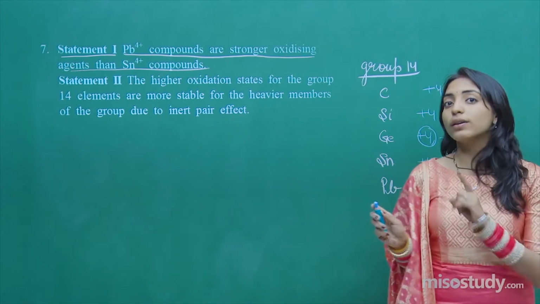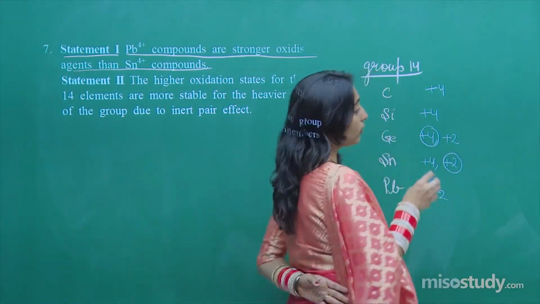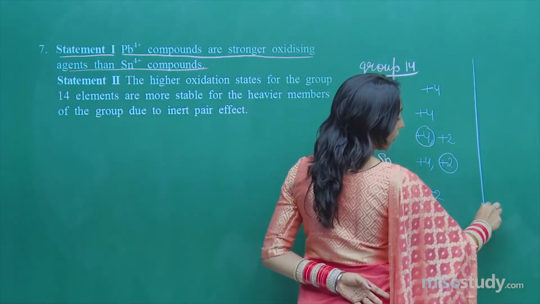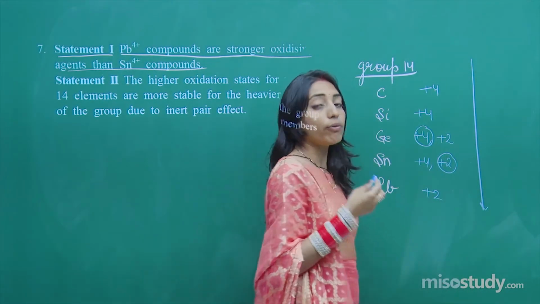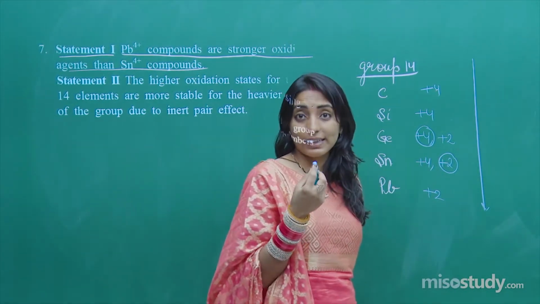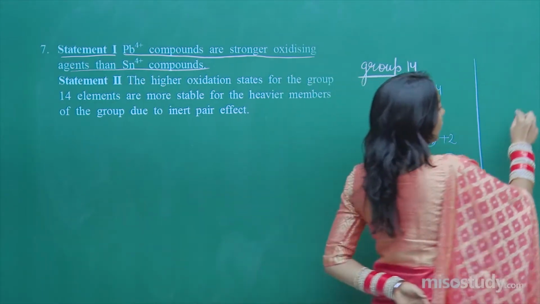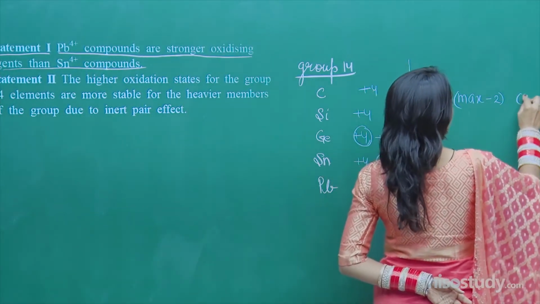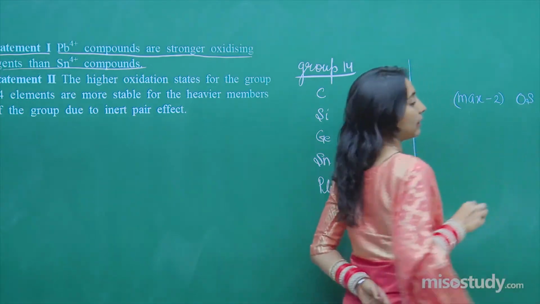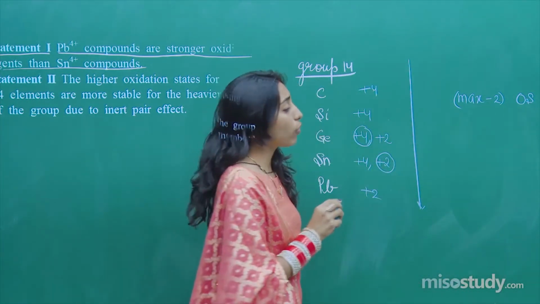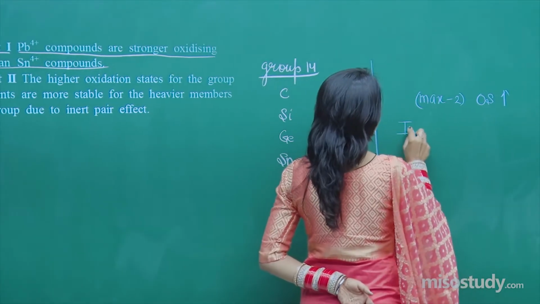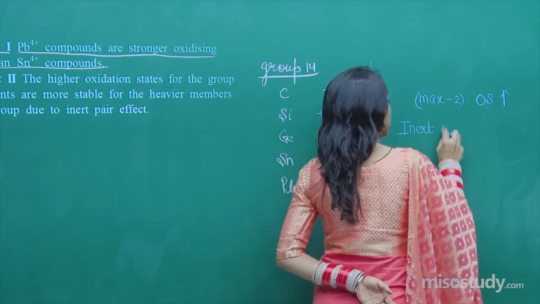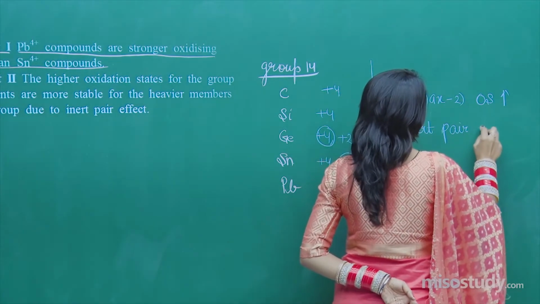And if I'm not wrong, I have given you this explanation also, that when you go down the group, the stability of the maximum oxidation state decreases, and the stability of the lower oxidation state increases. And this is all because of the inert pair effect.